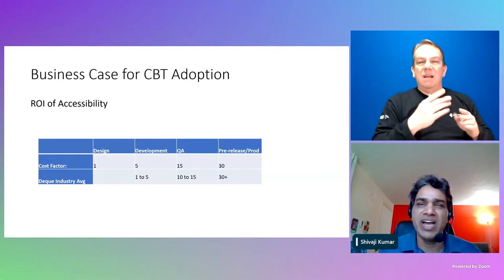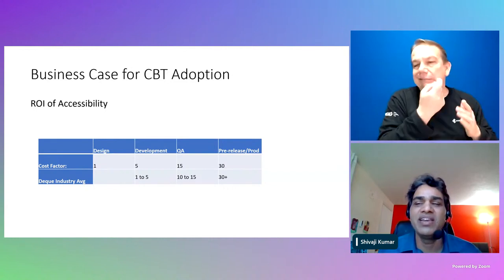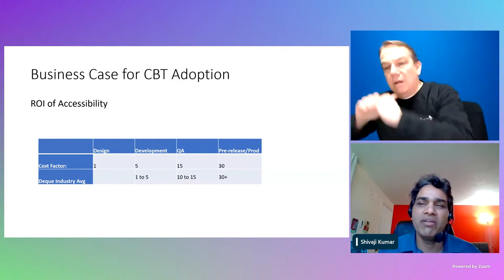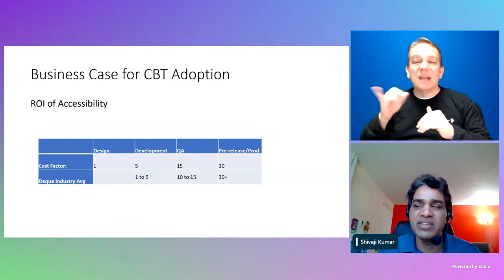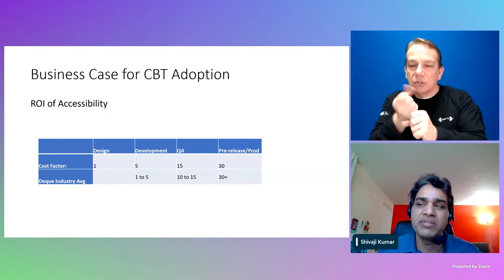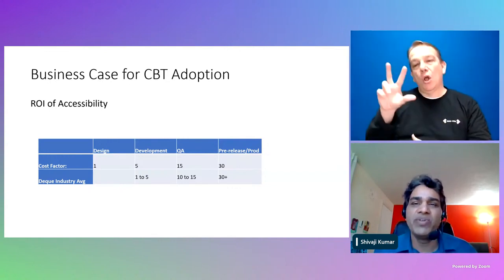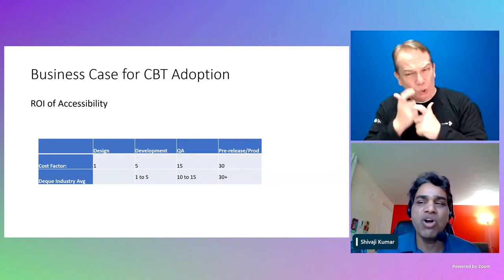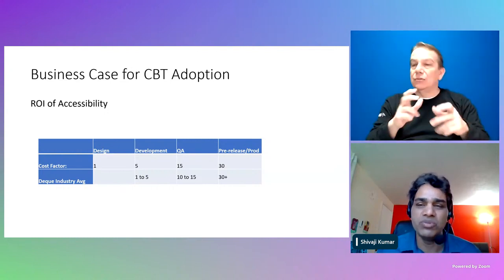If you were to punt it down to the QA, the testing phase, then obviously it rises up to 15. And if you miss everything during all these 3 phases, and you get to the pre-production phase, then the cost goes up to a factor of 30, right? So this is really huge. This is a huge cost for any enterprise, for any team to bear.